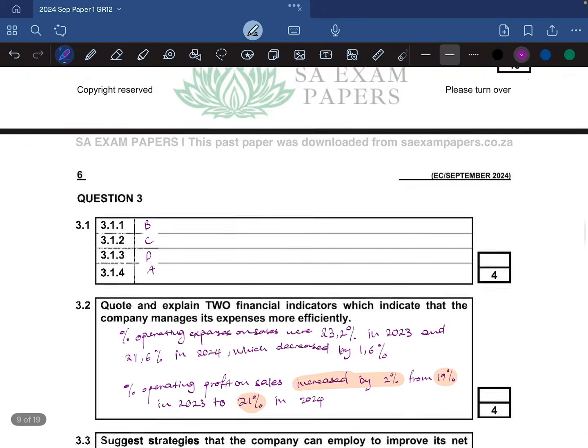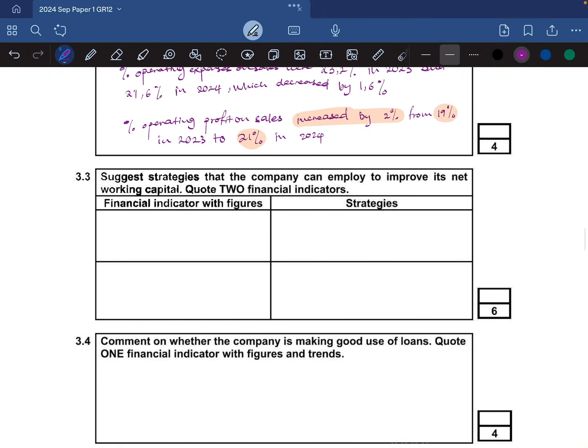Okay, so now let's just do that. We know that here we have our average debtors collection period. Let's just say the difference first.